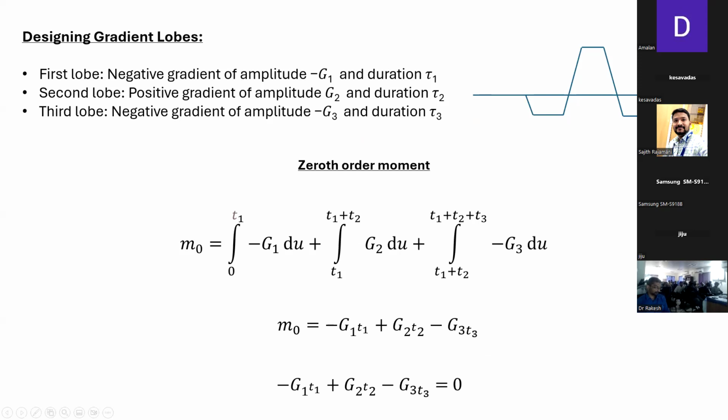The first negative lobe has -G1 with duration T1, the second lobe has positive G2 with time T2, and the third lobe has -G3 amplitude with time T3. If we calculate the zeroth order moment, integrating everything, we usually get 0. This is 0 here.